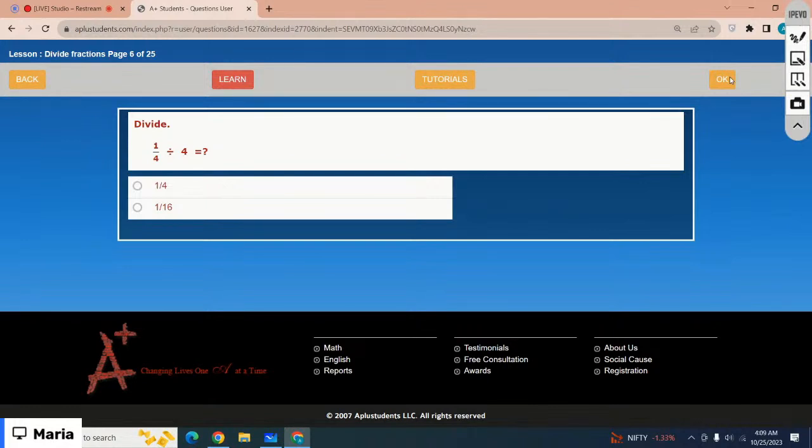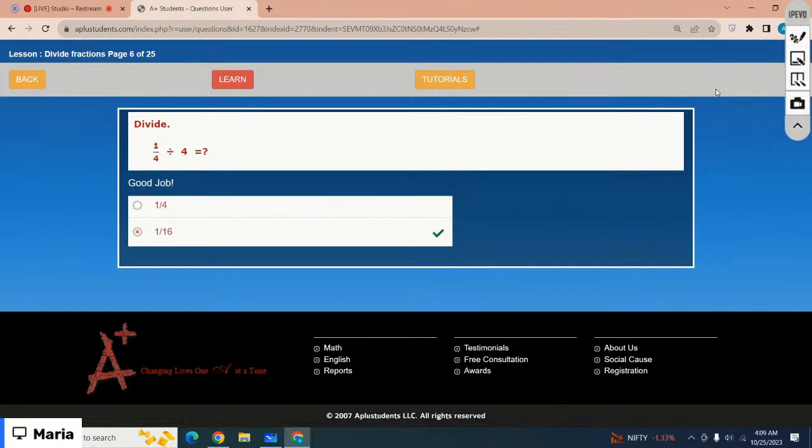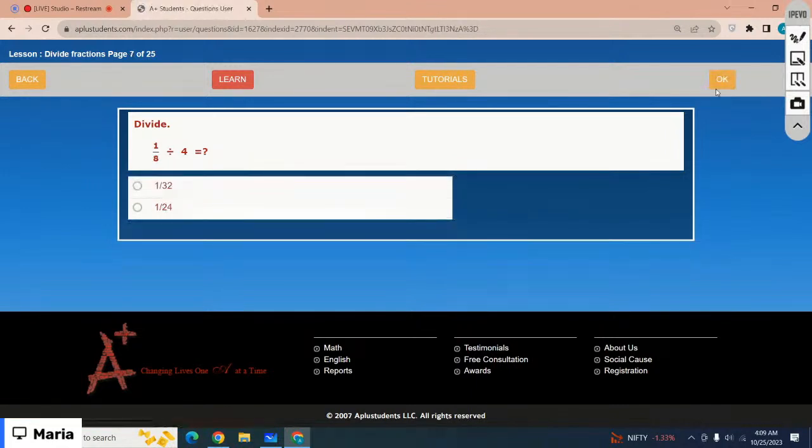That would be 1 over 16. Okay, the next one is 1 by 8 divided by 4. So, which is the correct option? That is 1 by 8 divided by 4 is 1 over 32. The correct option is 1 over 32.